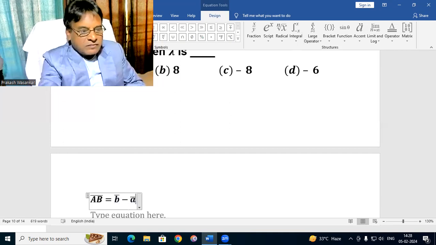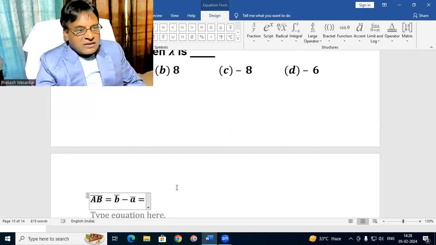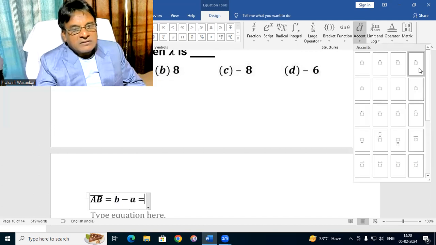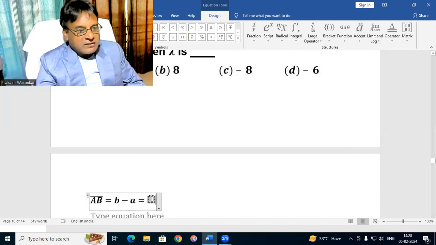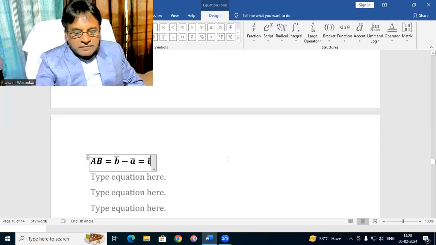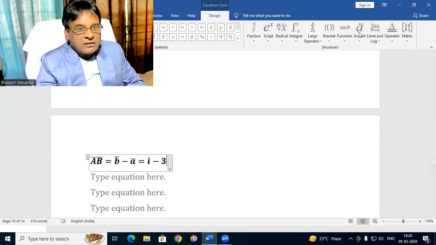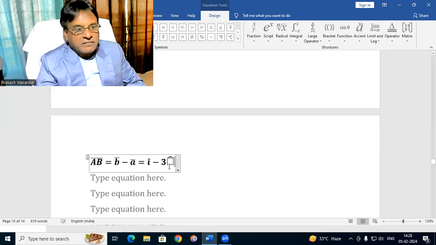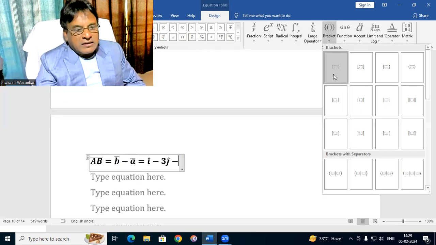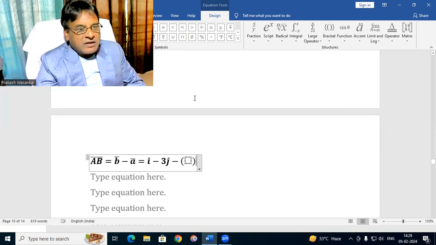B bar is equal to i minus 3j, so we write i minus 3j, minus, in bracket, A bar.